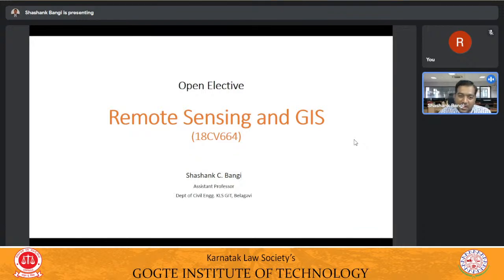Before starting the presentation, I would like to explain why remote sensing and GIS is familiar to all engineering branches. Remote sensing and GIS is basically a multidisciplinary field. So anyone can get involved and anyone can work in this field. As the name indicates, remote sensing is very familiar to electronics and communication engineering as well as electrical engineering.